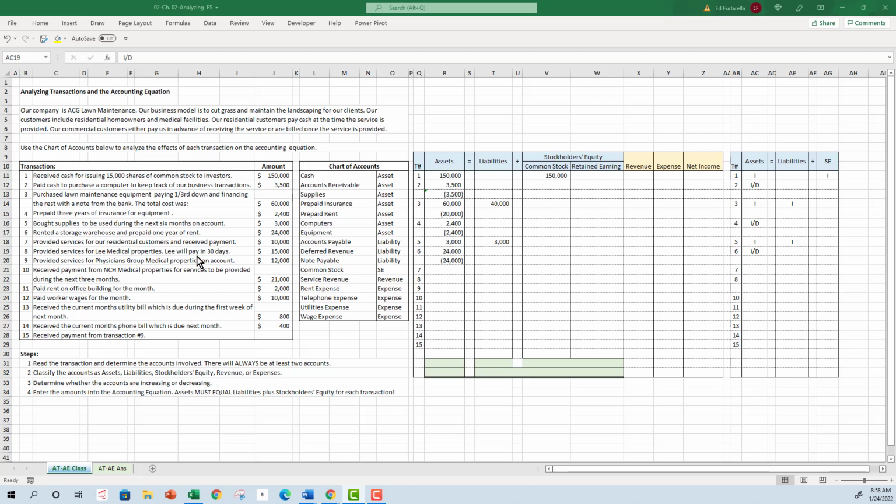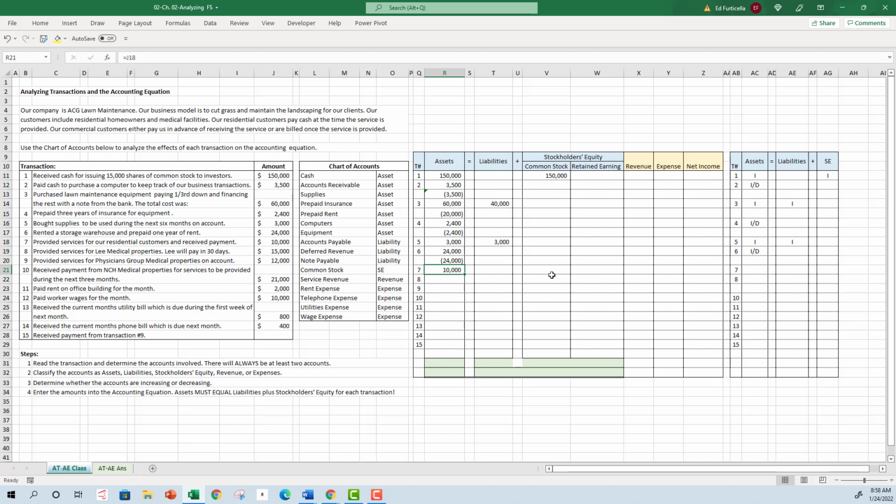For number 7, we've provided services for our residential customers and received payment, $10,000. The two accounts involved are cash and service revenue. Cash is an asset, and it's increasing by $10,000. Why? Because we've provided services. Our revenue is increased as well by $10,000.